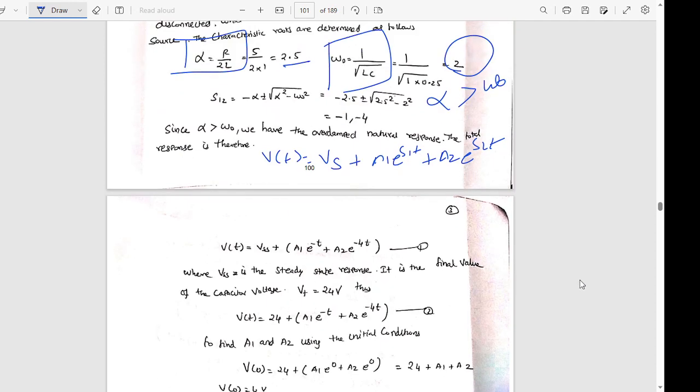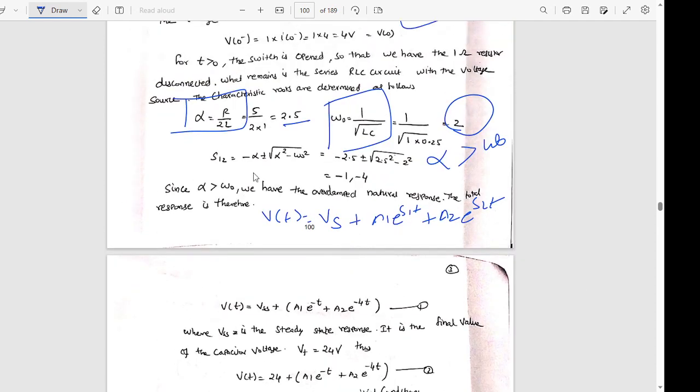So V of t equal to Vs plus A1 e power S1t plus A2 e power S2t. We need to find out what is S1 and S2. Based on the value of alpha and omega naught, I can find S1 and S2. So the formula is minus alpha plus or minus root of alpha square minus omega naught square. It is common in the case of RLC circuits. If I substitute that, I am getting these two answers: S1 equal to minus 1 and S2 equal to minus 4.